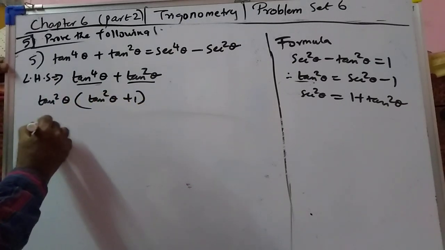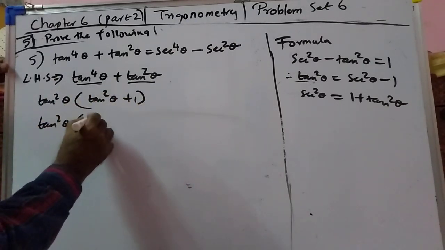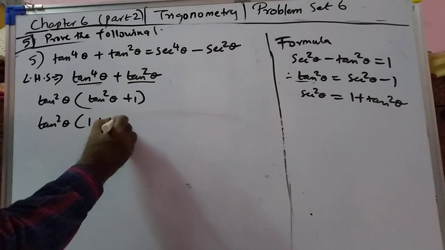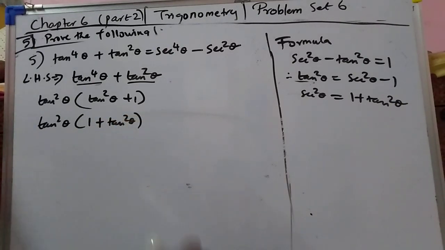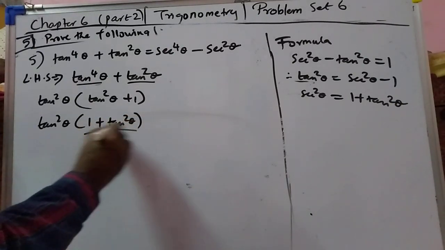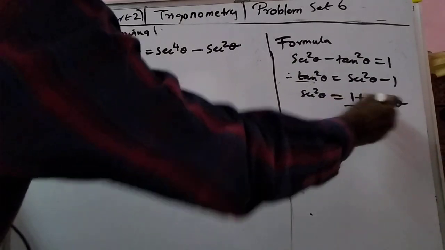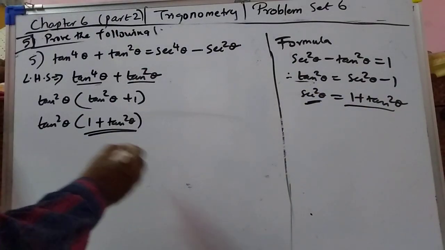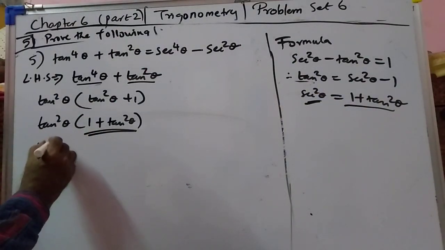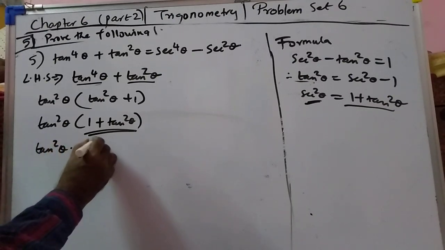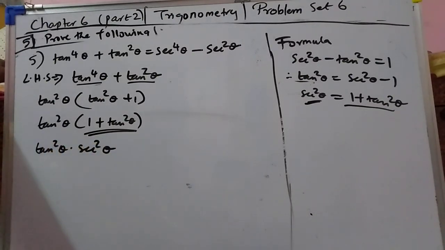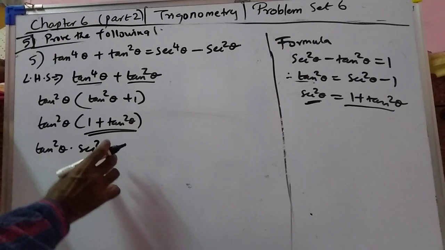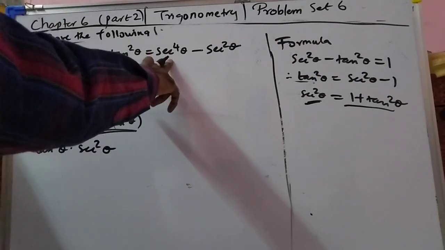So we can rearrange it: tan square theta times 1 plus tan square theta. But what is 1 plus tan square theta? Okay. So that will become tan square theta into sec square theta. Clear? But on the right hand side sec raised to 4 is coming.